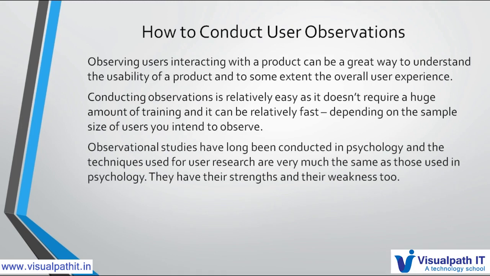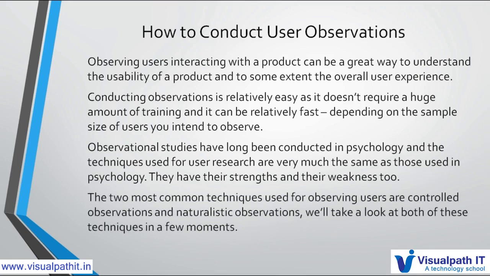Observational studies have long been conducted in psychology, and the techniques used for user research are very much the same as those used in psychology. They have their strengths and their weaknesses too.